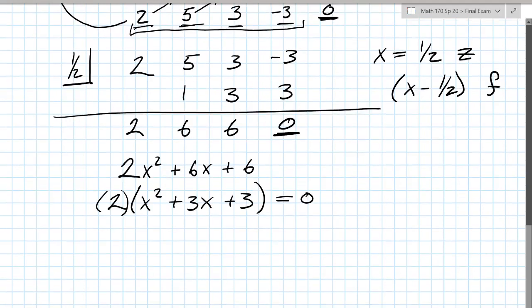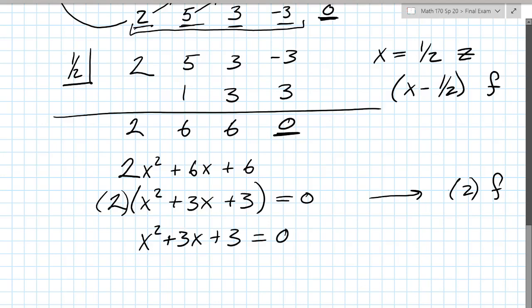If you set this equal to 0 and do not make a note of this times 2, you're going to lose the information about that times 2. So what I like to do is put my times 2 out here, and now I can divide both sides of this equation by 2 and just work with x squared plus 3x plus 3 equals 0.